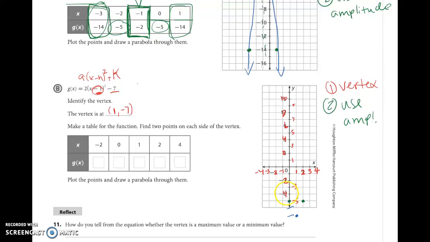And I'm going to sketch my graph. Now, if we wanted to use the chart that the book uses, we would put our vertex here. We would plug in the point 0, we'd plug in the point 2, and we would find these values. But I'm going to use these steps here in order to graph.